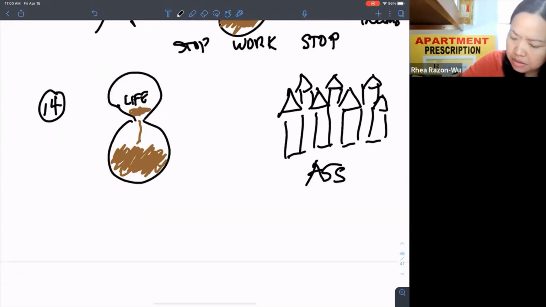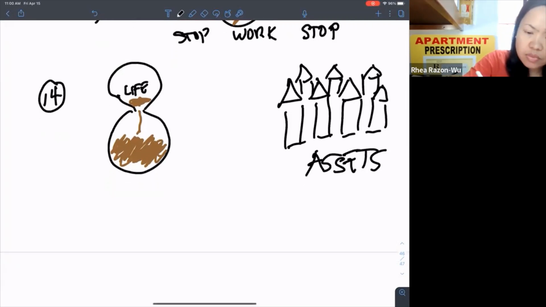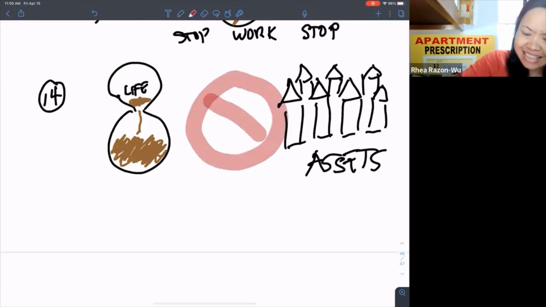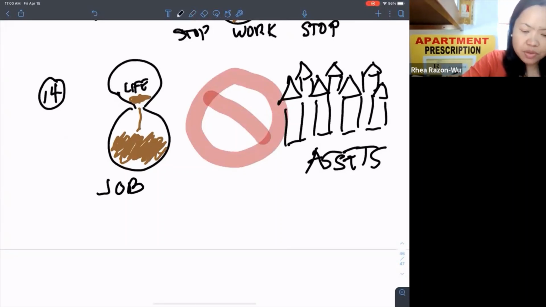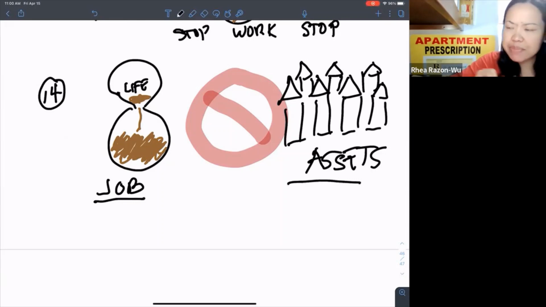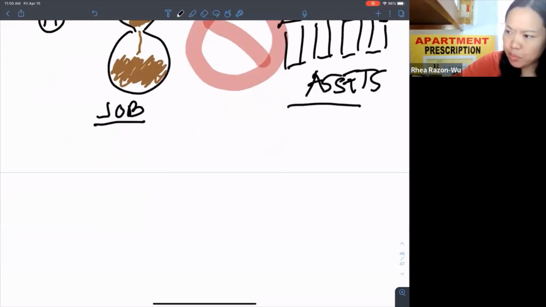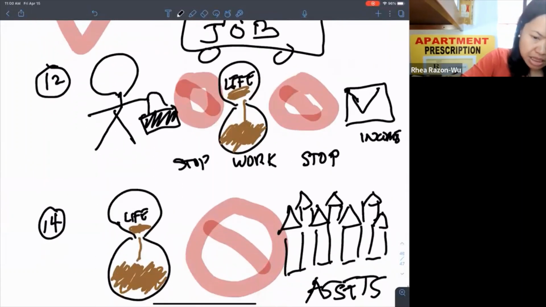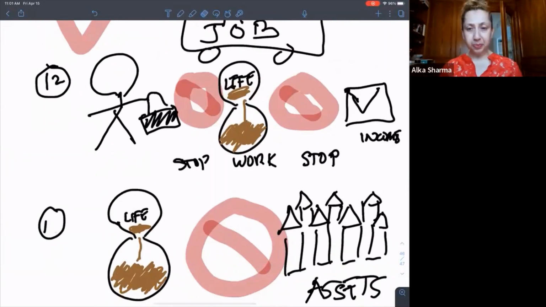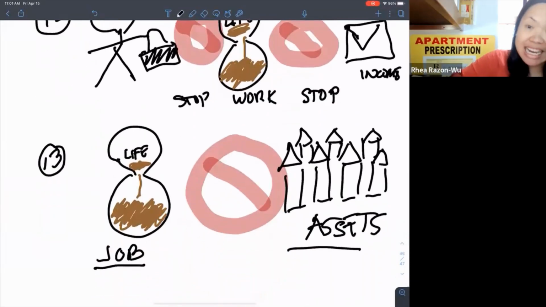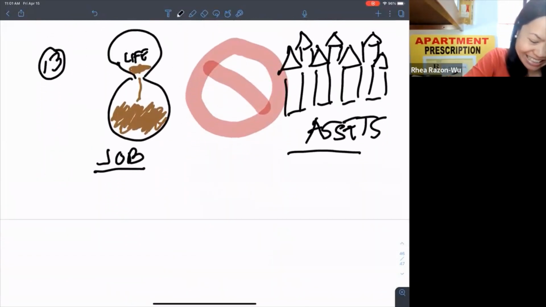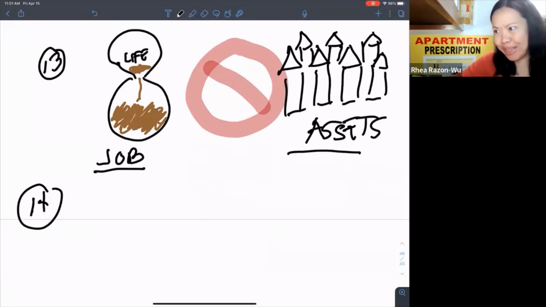And I call them assets. So by definition, a job where we trade our life, we trade our time for money, a job is not an asset. Let me repeat, a job is not an asset. And that's point number 13. 14. Oh, it's 13. 12, 13. I counted wrong. My math is wrong. Point number 14.